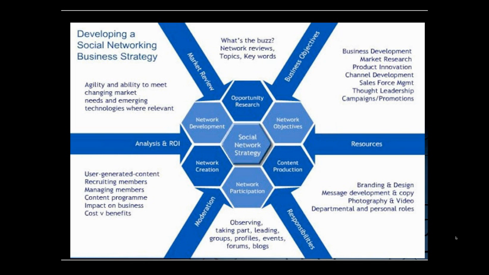How are you going to develop that network? So this is a pretty detailed diagram here. We go into great detail of it in the course and how you can take any type of business and apply it to this diagram. So I'm not going to dwell on this, but you do need to know that all of these steps are encompassed in a social network strategy.